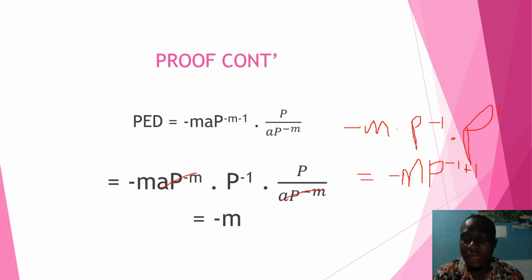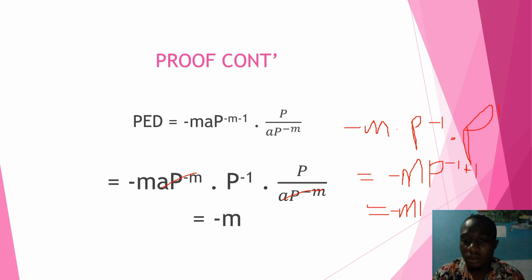Minus 1 plus 1 gives me P exponent 0. And we know that any number that is raised to the power 0 equals 1. So I'm going to have minus M.